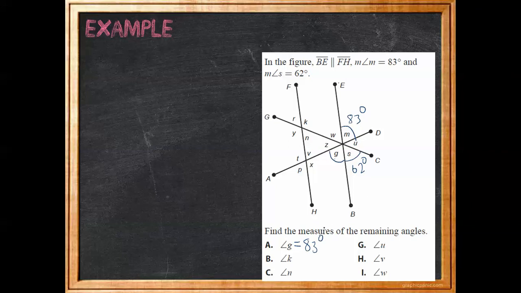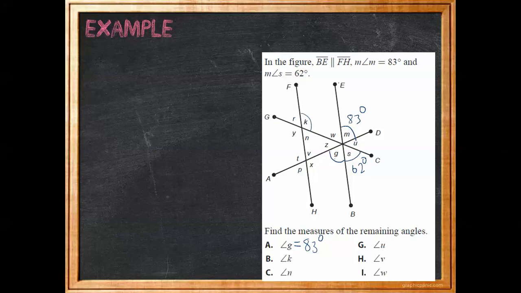Now, if we move on and look at angle K right here, what we are looking for is either a corresponding angle, an alternate interior angle, something that it's going to match up with.